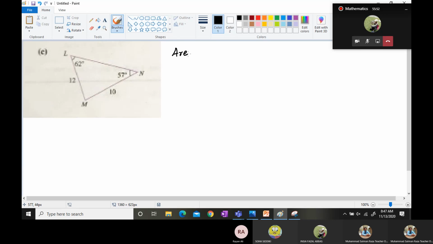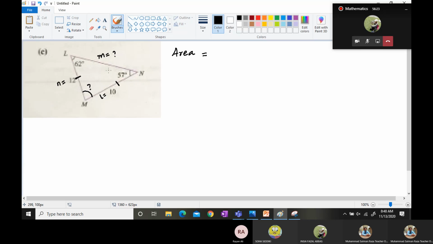This is the small n, this is the small l, and we do not have m. If we apply the formula of area, two sides and their included angle should be mentioned. We can see that this side is mentioned, this side is mentioned, but their included angle is missing.